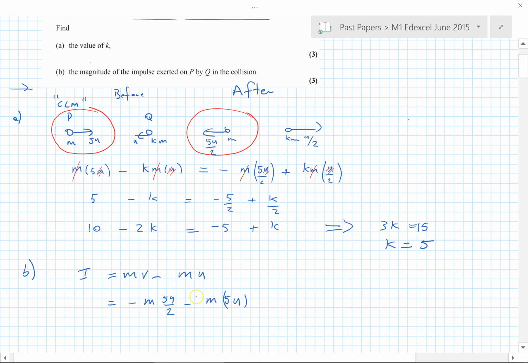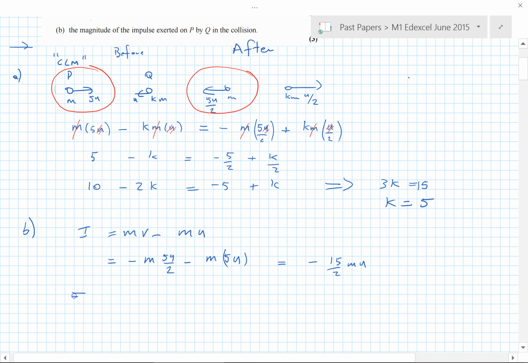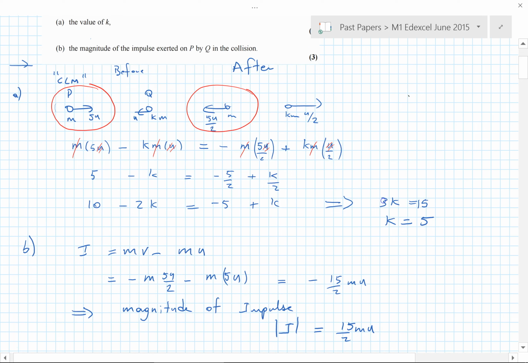This is momentum afterwards here. Now that becomes minus 15 over 2 mu. But be careful, because it asks for magnitude, so the magnitude of impulse, you can call it mod I if you like, is 15 over 2 mu, and the mark scheme specifically says, as it should do, I'm not allowed a negative because of the word magnitude.